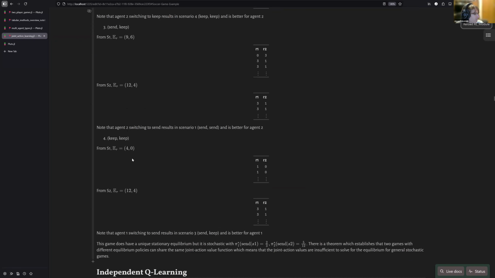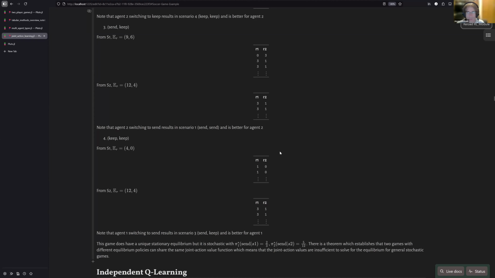And then for the last one, if agent 1 switches to send, then we have send, keep, which is this. We can see that it produces a higher value, 9 and 12 versus 4 and 12, so it made an improvement in this starting state. Okay, so none of these are equilibrium solutions. However, we know that for this game there is an equilibrium solution.